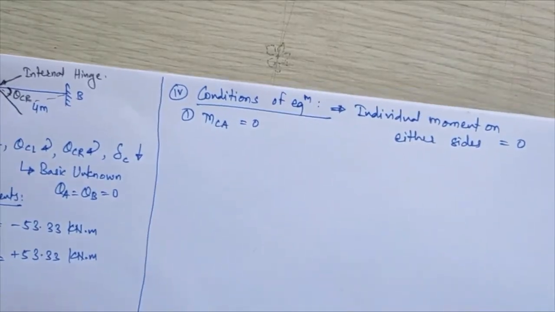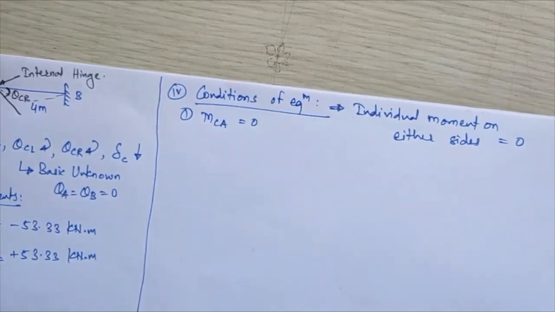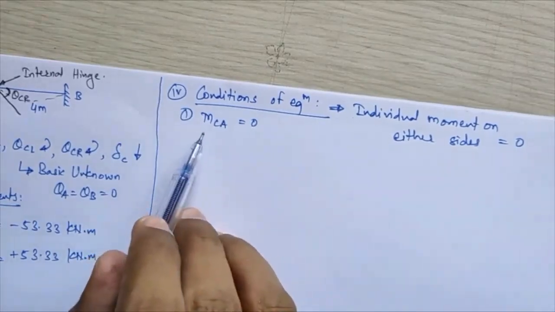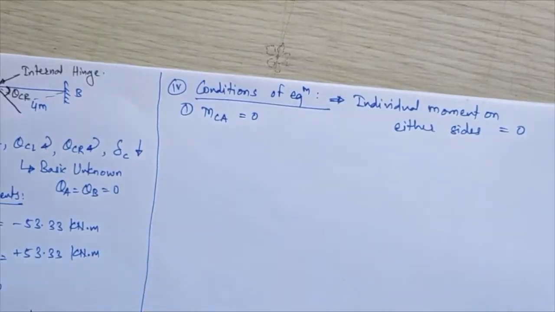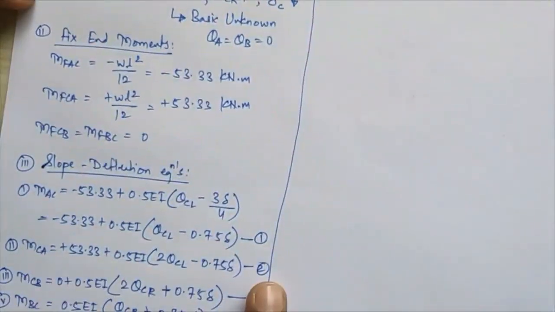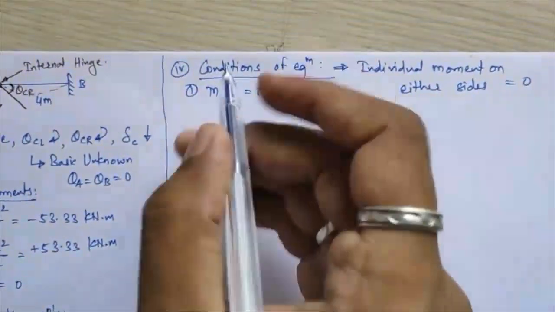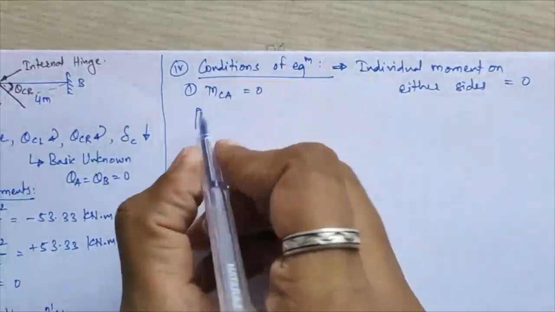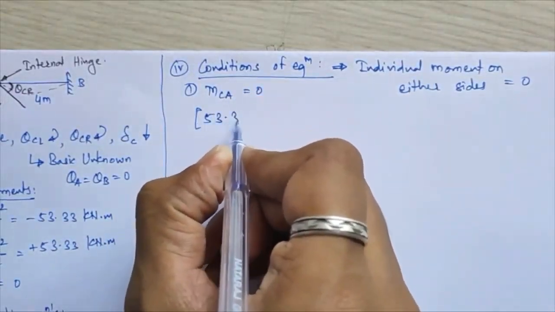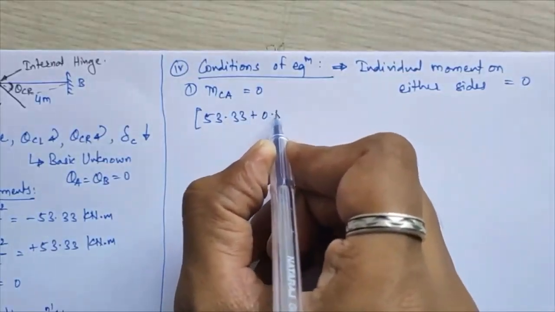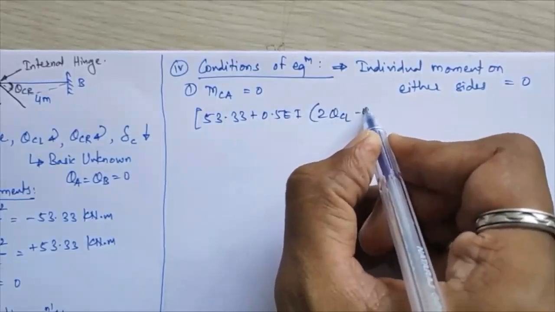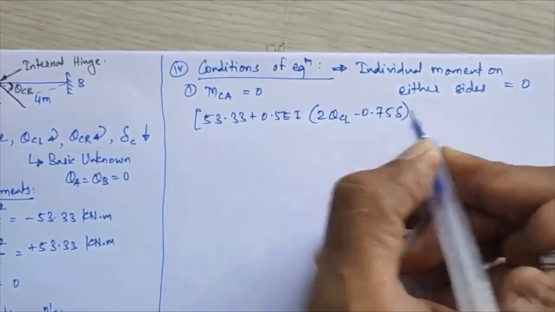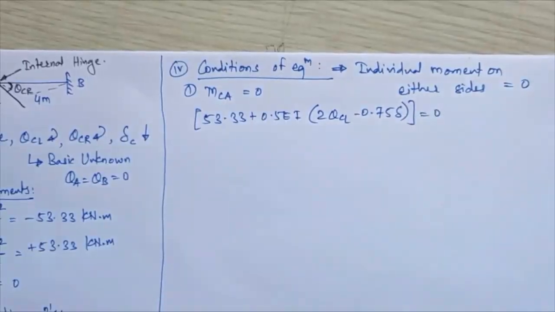So the first condition I am considering is that MCA is equal to 0. The MCA equation we have calculated, that is our equation number 2. So I'll write that here, 53.33 plus 0.5 times EI into 2 theta CL minus 0.75 of delta is equal to 0.